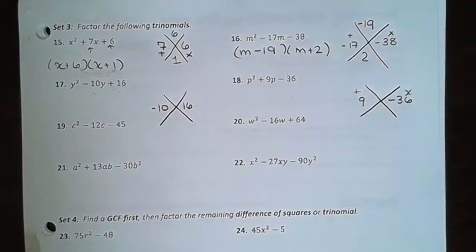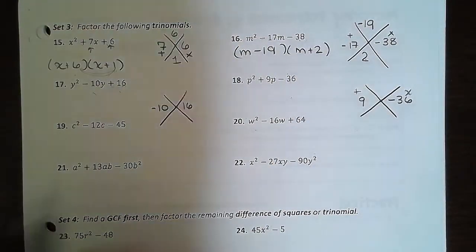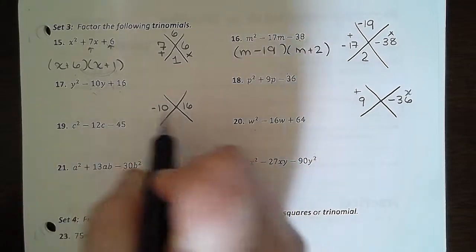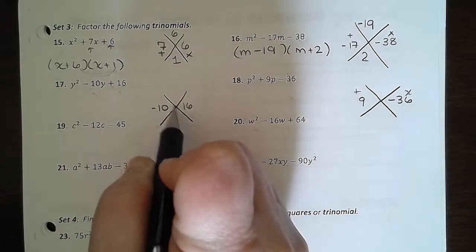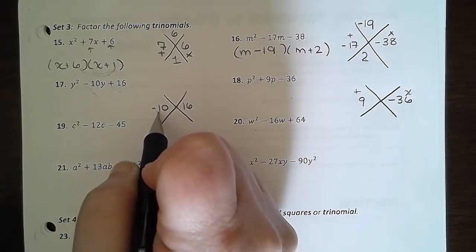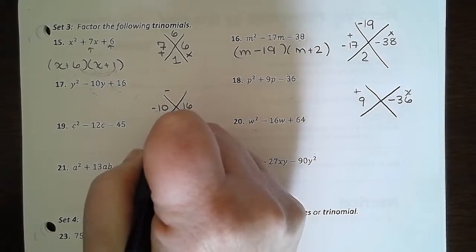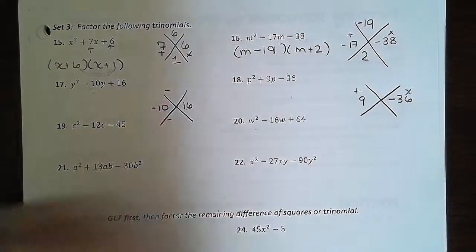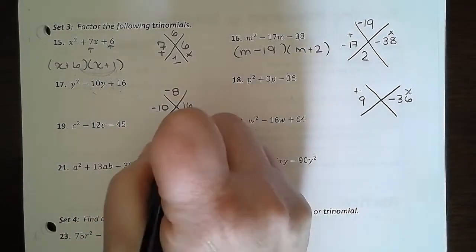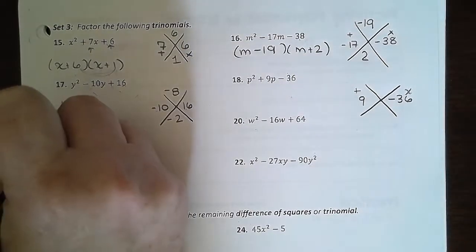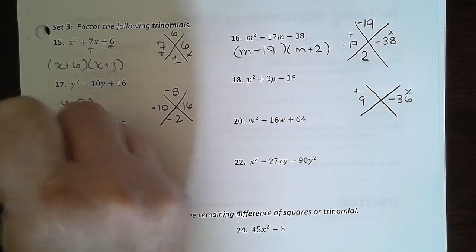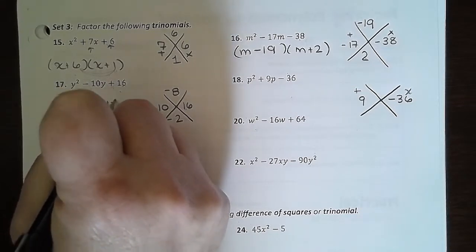All right. And then here I have what two numbers multiply to a positive 16 but add to a negative 10. So if it's a positive, they're both going to be negatives, right? And that's negative 8 and negative 2. So this is going to be y minus 8 times y minus 2.